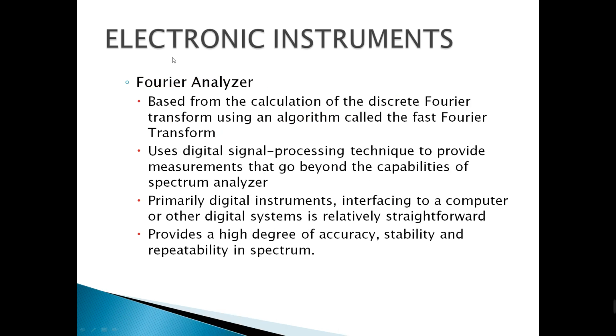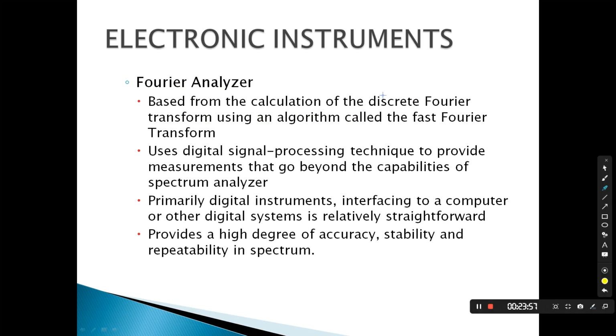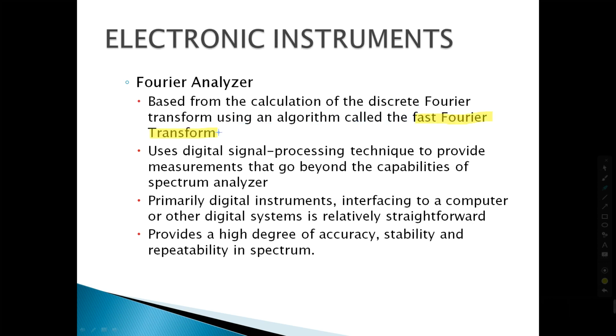Then we have Fourier analyzer, based on the calculation of discrete Fourier transform using an algorithm called the fast Fourier transform. It provides a high degree of accuracy, stability, and repeatability in spectrum.